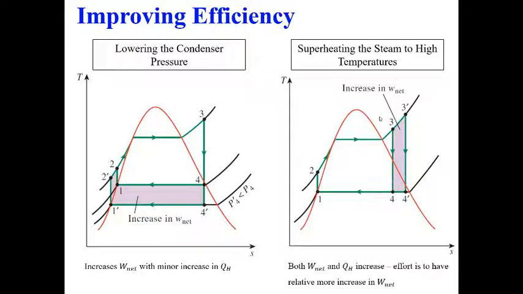Here also there is a slight increase in Q, because when you are superheating you need extra heat to get to that temperature. So we see that there is a change in both work and QH, but our effort should be that work should improve more. There should be a proportionately higher increase in work as compared to Q, such that we get higher efficiency.